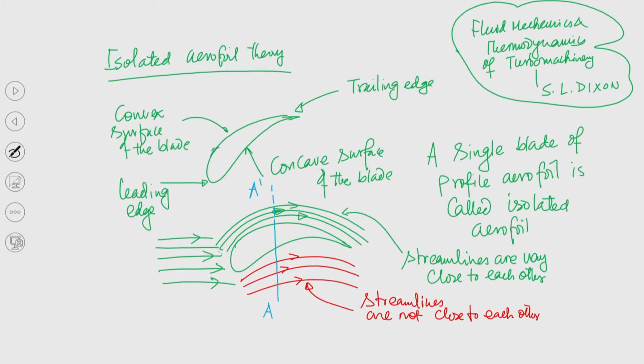Now, because of the high velocity on the convex surface, pressure will be less, while at the concave surface velocity is very low because streamlines are not very close to each other, flow is not attached to the surface of the blade, and as a result pressure will be high.